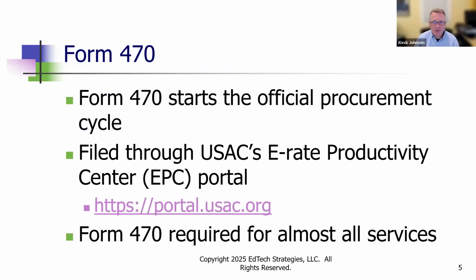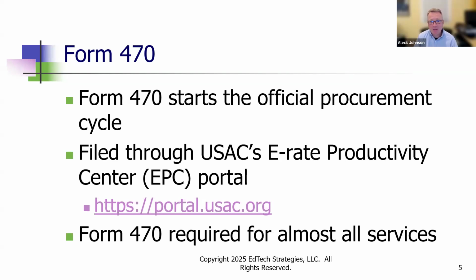Let's get into the meat of today's discussion, which is going to be the Form 470. The Form 470 is the first form in the E-rate process, and it really starts the official procurement cycle under the E-rate program. Like all of the forms in E-rate, you're going to file this through the E-rate Productivity Center, or EPC, which is located on the website portal.usac.org.